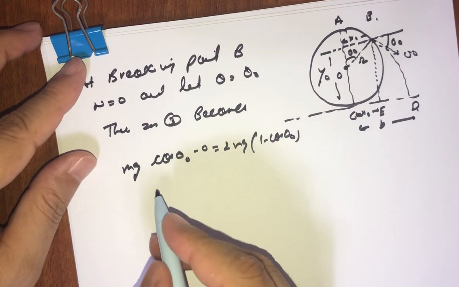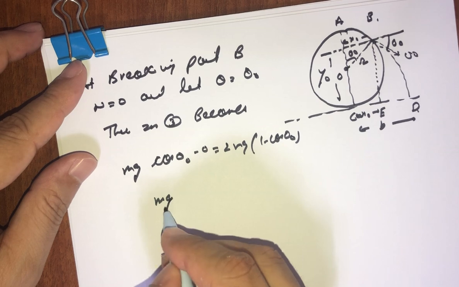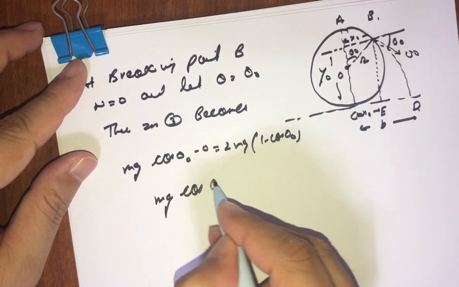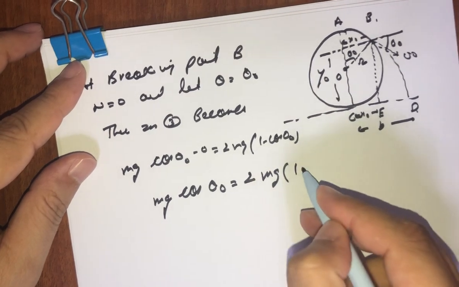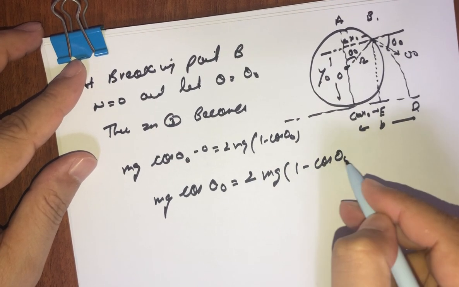So we can write this as mg cos theta naught is equal to twice mg times 1 minus cos theta naught.